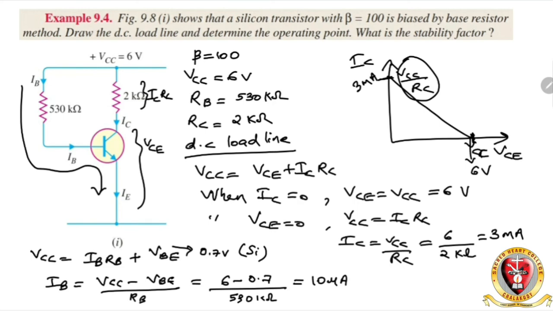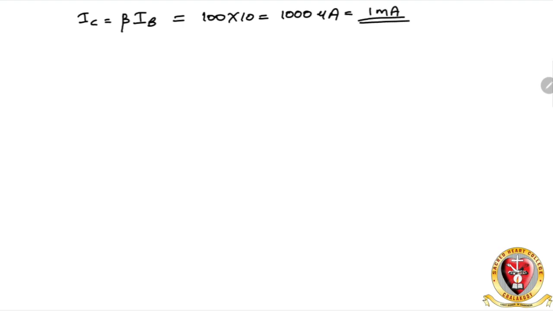Knowing the value of IB, we can find IC, because IC is equal to beta IB. Since IB is the zero signal base current, IC is the zero signal collector current. Beta value is 100, so 100 into 10, that is equal to 1000 microampere, that is equal to 1 milliampere. This is the IC value.